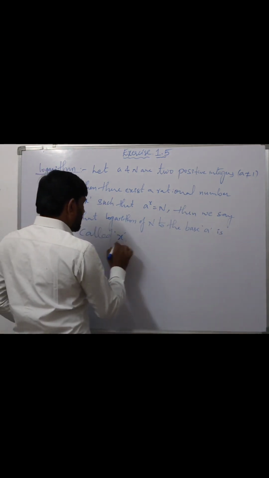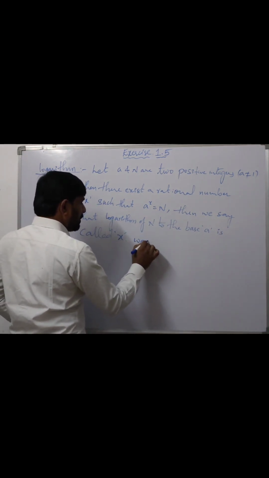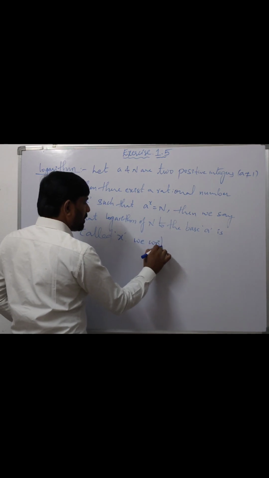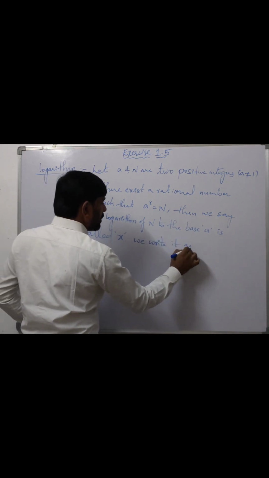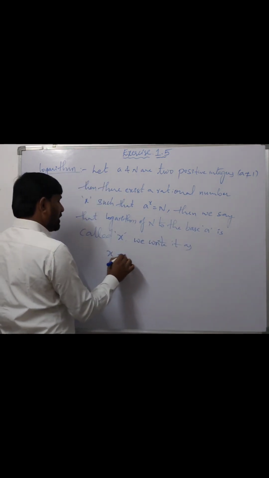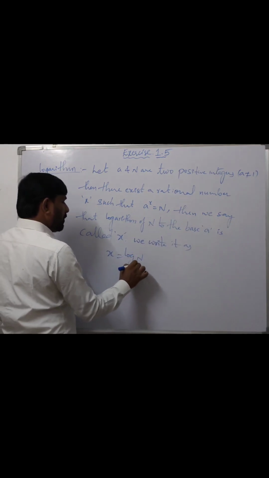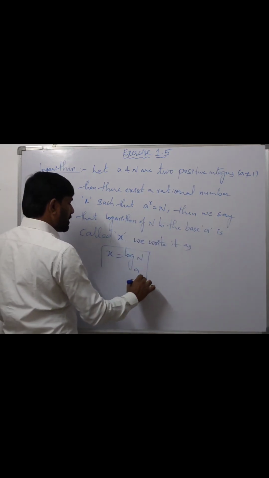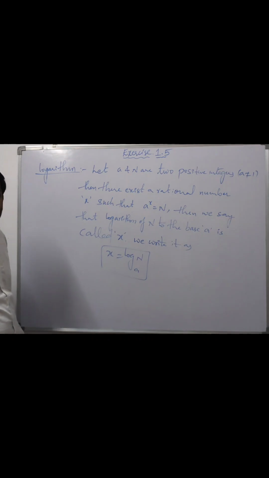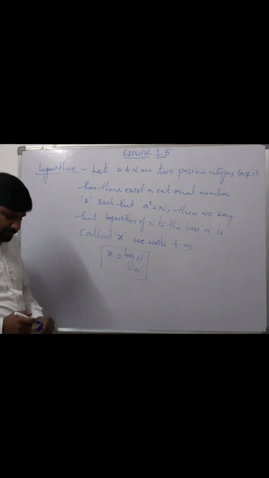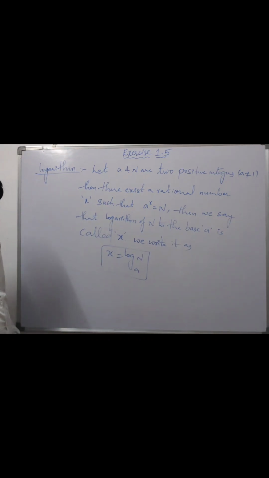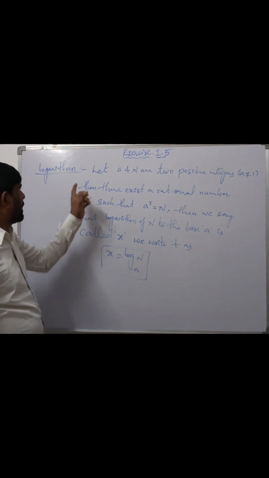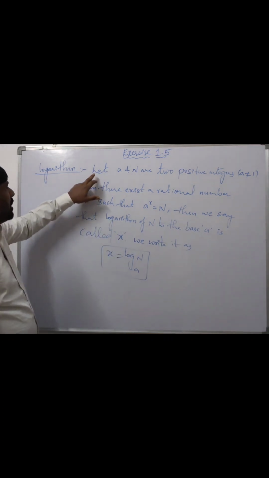We write it as x is equal to, or else, logarithm of n to the base a is equal to x. This is the logarithmic form, right? Let us read this out.